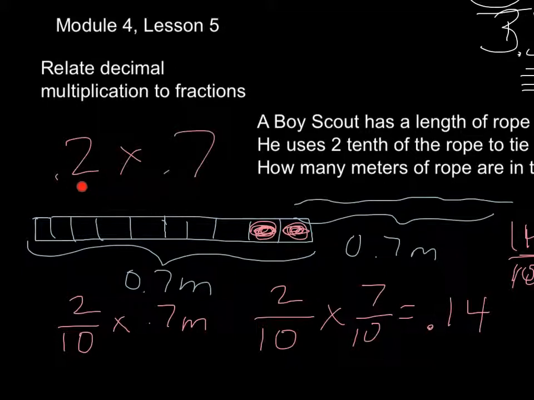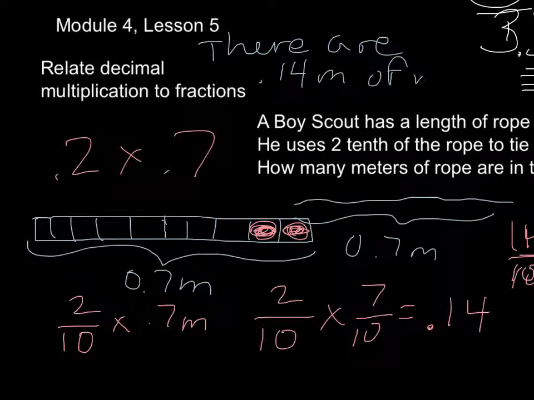I've got 1 decimal place in this factor, 1 in this factor. So in my product, I do need to have 2 decimal places. So my final answer is that there are 14/100 meters of rope in the knot. Well done, team.